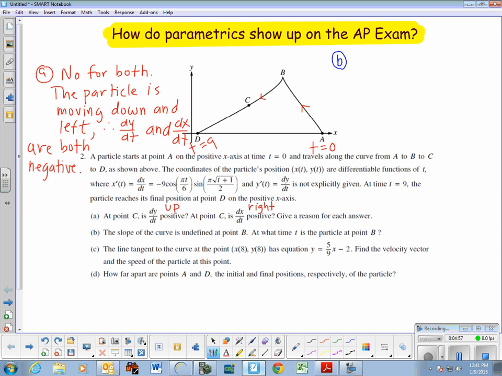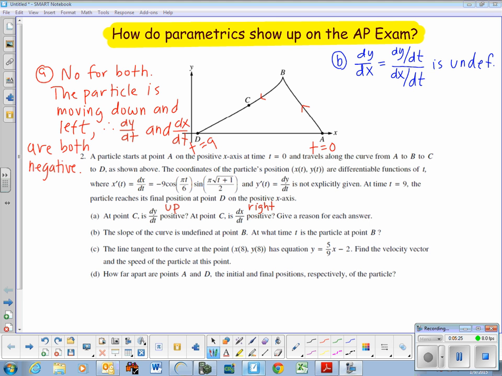So the derivative is undefined when dy dx, which is equal to dy dt over dx dt, is undefined.